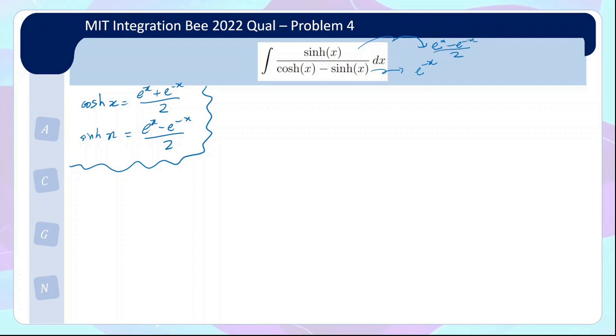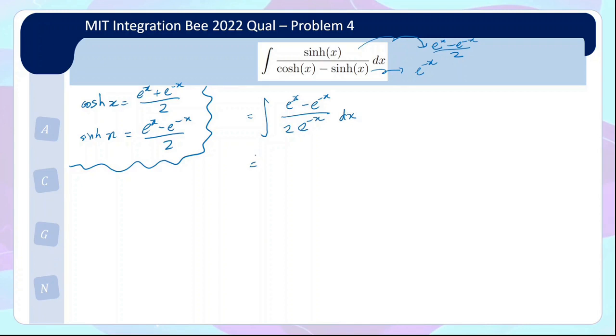So this means that the integral we want is simply the integral of (e to the x minus e to the minus x over 2) times e to the minus x dx.